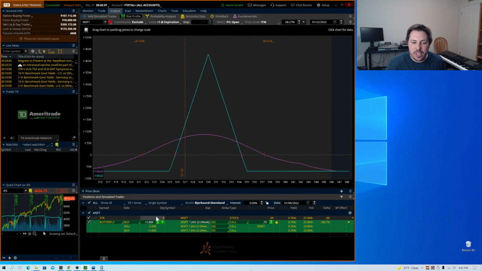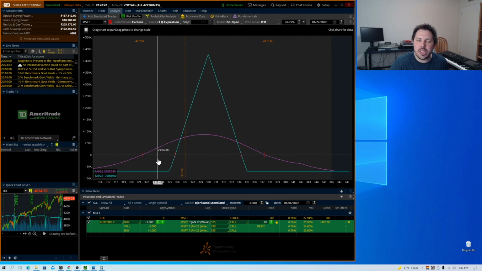Because obviously the amount of leverage here, right? If you're putting on this leveraged position with a butterfly, obviously not every person is going to have the risk tolerance to jump in and trade this type of leverage.